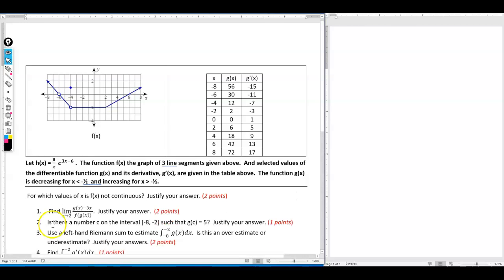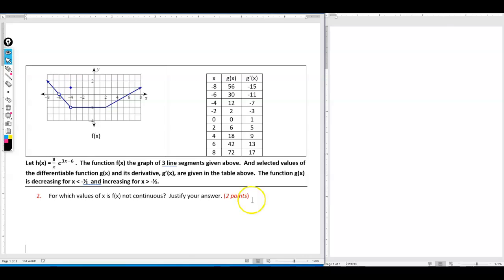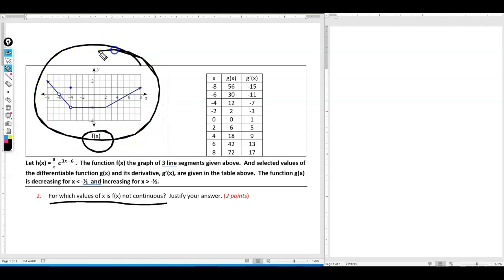It's going to be number 2. All right, so for number 2, it's asking us to find for which values of x is f of x not continuous. Now, when you're looking at a graph of f of x, that's kind of easy, in my opinion, because you just look at the graph and you look for where there's any holes, gaps, or jumps.